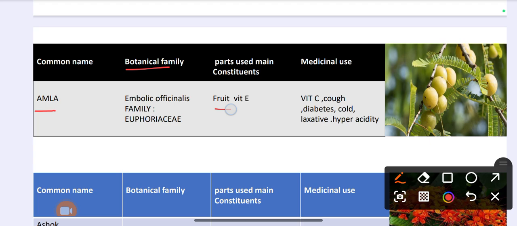Fruit and vitamin C. What are the medicinal uses of amla? Vitamin C, cough, diabetes, cold, laxative and hyperacidity. So this is amla.